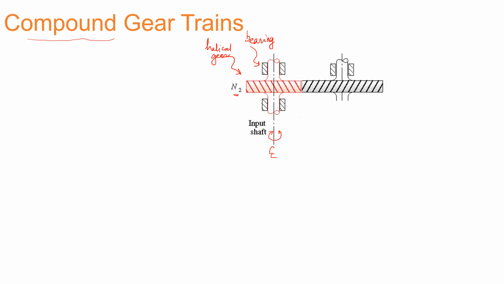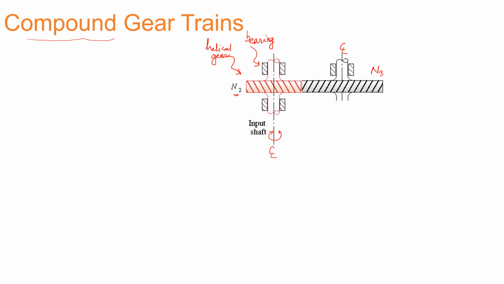Now you can see obviously that the other gear that we have added, let it be indicated with N3, is also going to have a shaft whose center line is indicated over here. But on this shaft, you're going to have this gear mounted, and you can observe right over here that the number of teeth for this is going to be different from the number of teeth on the input gear. And that is going to change the speed and the torque associated with this mechanism.